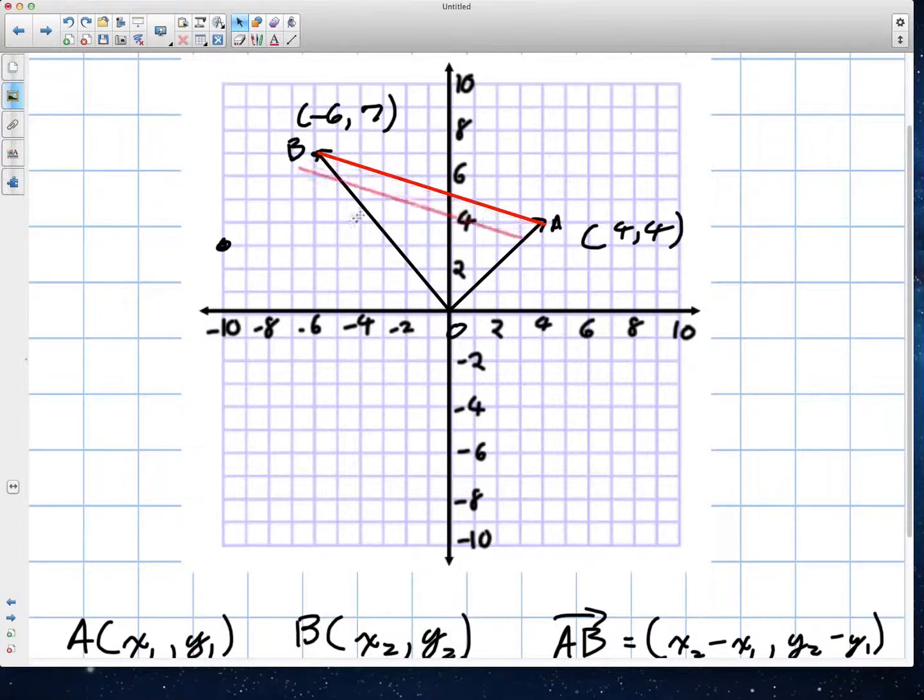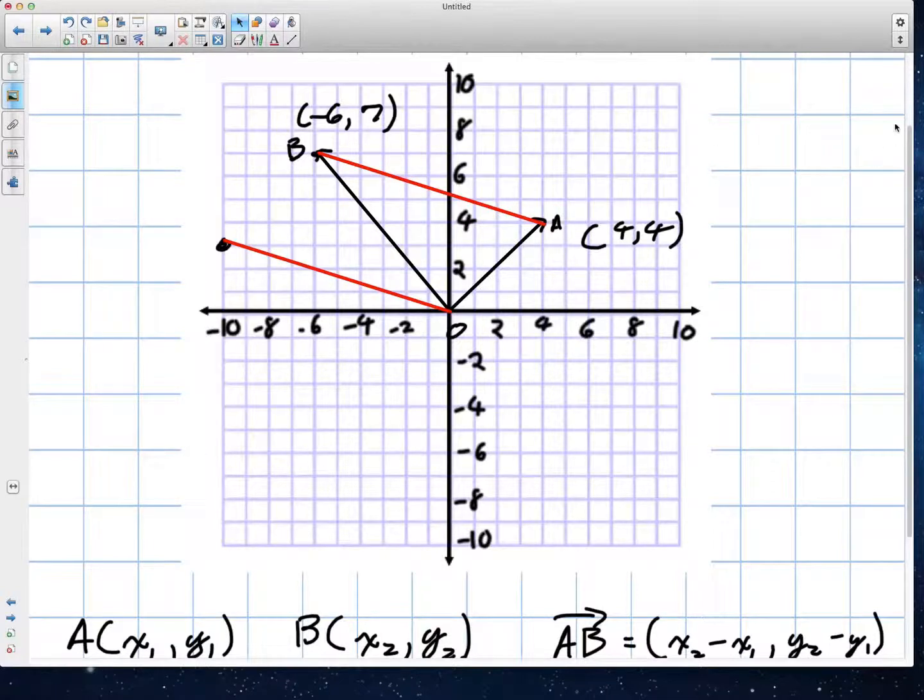So when we move this vector to the origin, that's exactly what we'd be looking at. Had it been going out of the origin, its component part would be at negative 10 and 3.